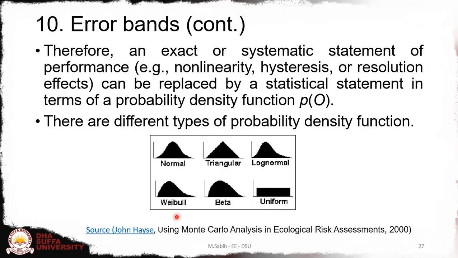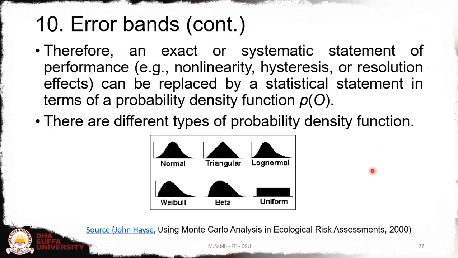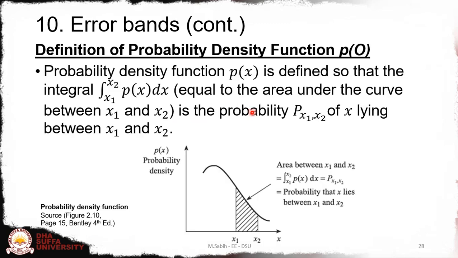This variation was well defined by nonlinearity, hysteresis and resolution, but if it cannot be exactly quantified by them, we can try to find a better function based on the data, a probability density function.